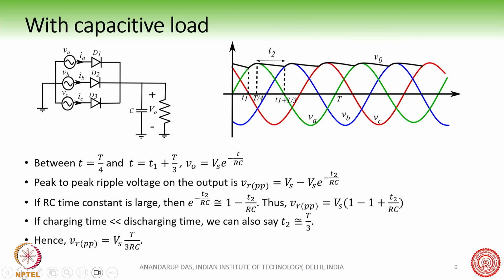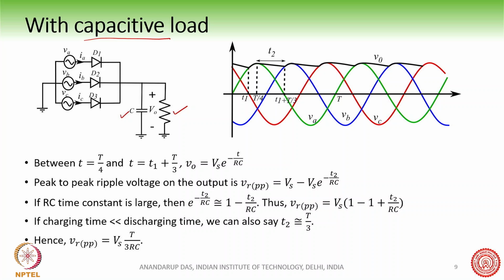Now what will happen if you use a capacitive load? Here we have this C and R. We have already discussed in the last lecture, lecture 2, how it behaves with a capacitor.